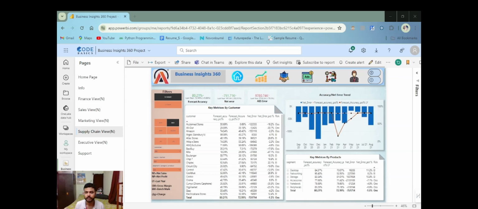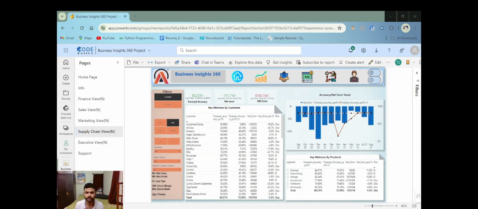And on the right hand side, we can see a column chart named accuracy or net error trend. So these brown lines show the forecast accuracy percentage of last year, and as we can see in the year of 2022, due to COVID, the stocks piled up and were not sold. So we can see the drop, and these blue bars show the net error.